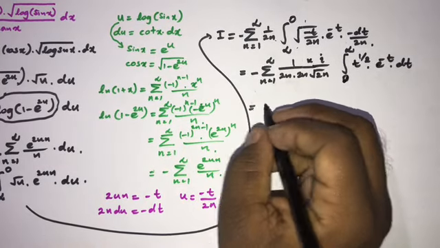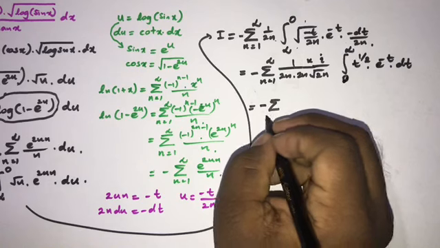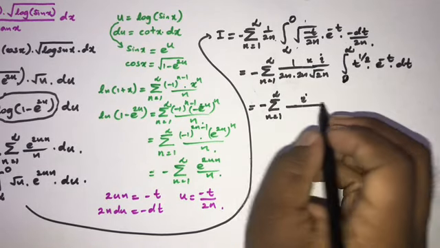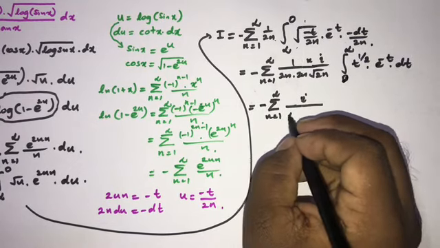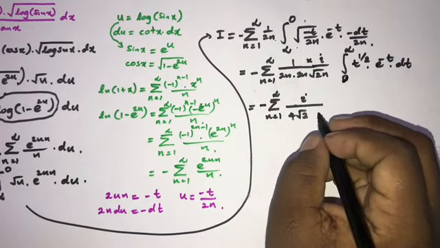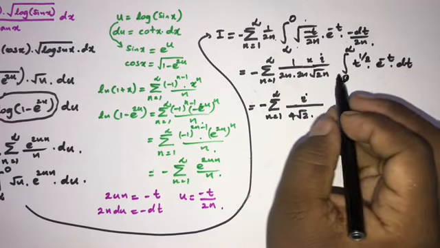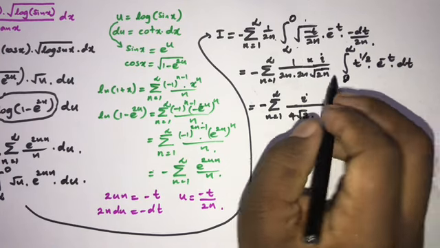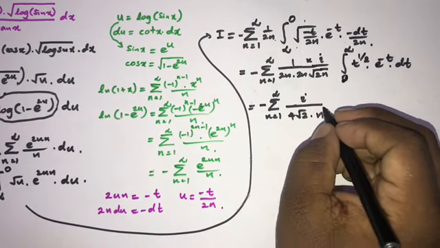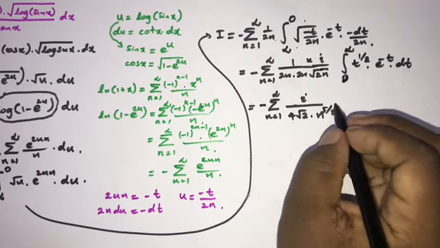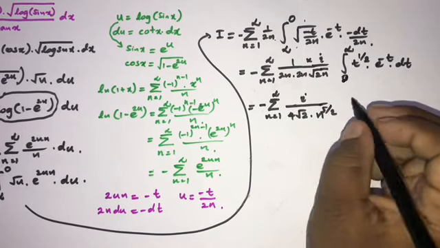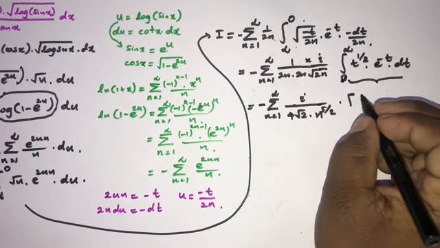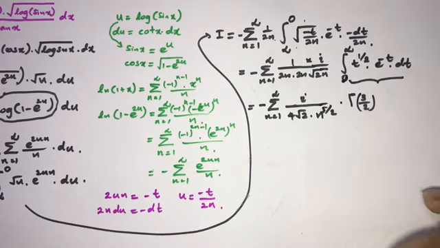Okay, then we can simplify. Now we have minus the infinite sum from 1 to infinity of i over 2 times 2, so 4, times square root of 2 times n squared times n to the 1/2, so n to the 5 over 2. And we know this integral is familiar to us because it is equal to gamma of 3 over 2.